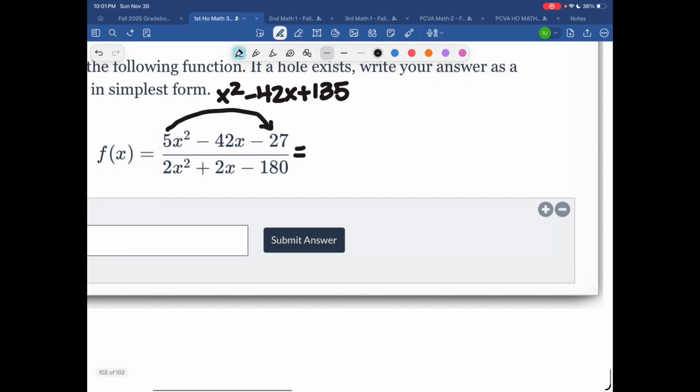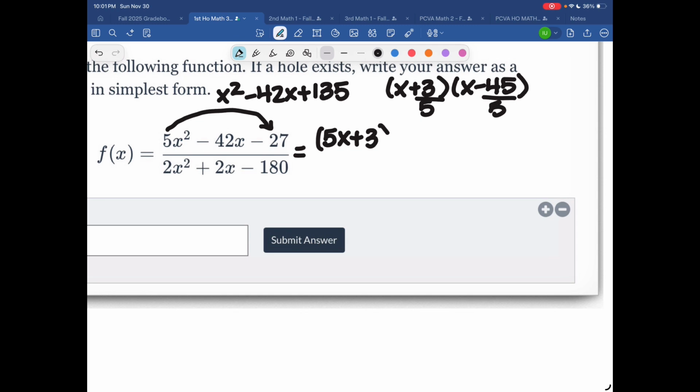So if I set this up, that's going to be x plus 3 and then x minus 45. But since we did slide the 5 over, we need to divide by 5 and simplify. So bottoms up, this is going to be 5x plus 3, and then 45 divided by 5 is going to be x minus 9.